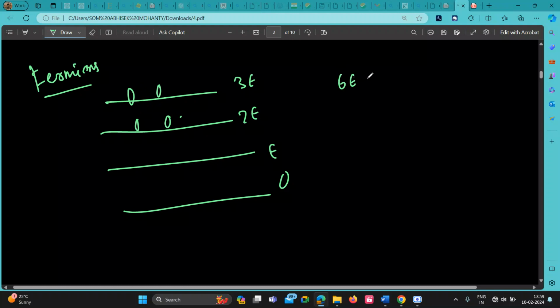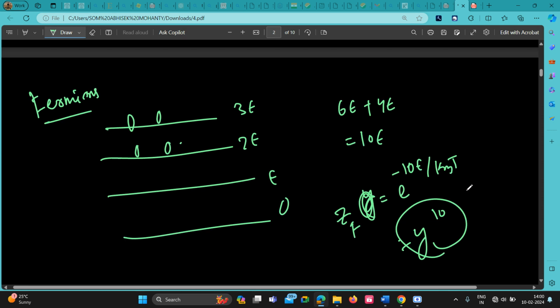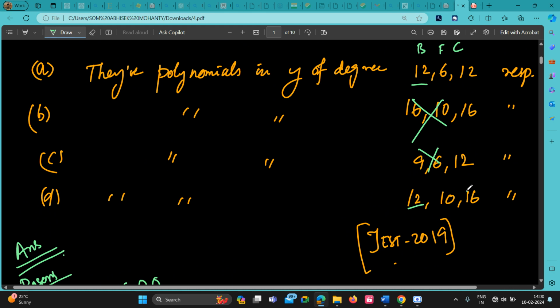This will be 6 epsilon plus 4 epsilon, that is 10 epsilon. So Z_F is e to the power minus 10 epsilon by kBT, which is y to the power 10, isn't it? So the answer is here, 10.